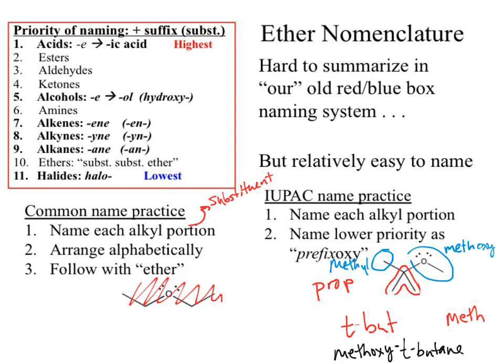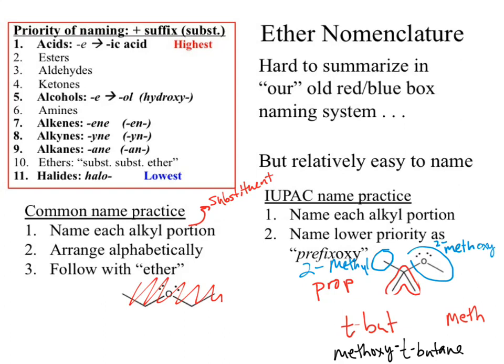Where is the methyl located? At what position? 2. At our second carbon. Doesn't matter which way we count it. Where's our methoxy located? Position 2 again. As far as nomenclature, we've got multiple choice. That's probably as far as I would go to name. I'd put both possibilities up there and look at my possible answers.